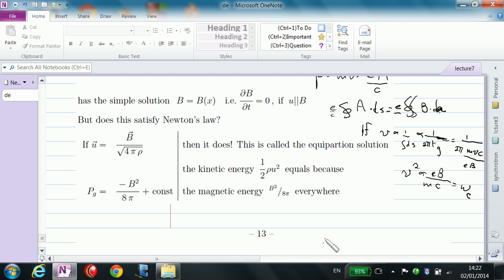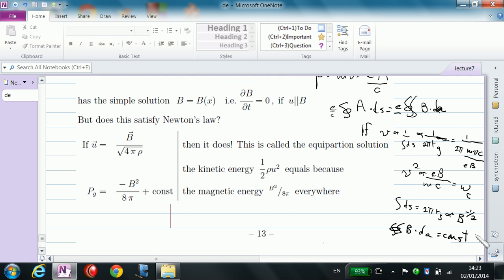So the integral of ds, which is equal to 2 pi rg, is proportional to B to the minus 1/2, right? And the flux of B dot dA is equal to a constant. That's how things transform under adiabatic process.